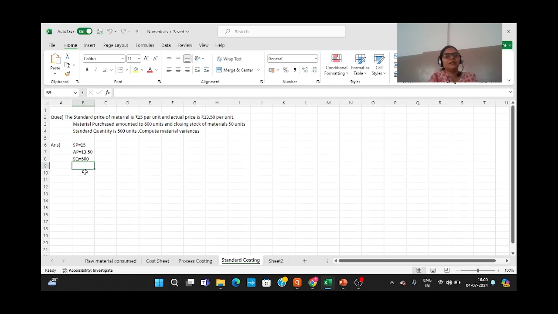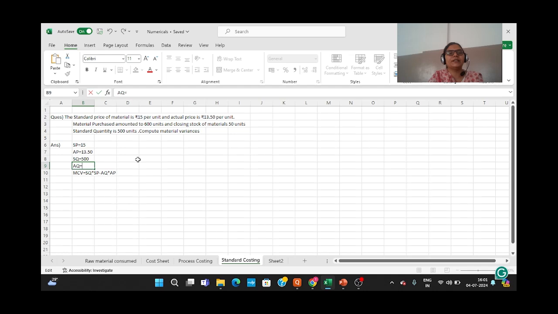Now we have to calculate the material cost variance. Material cost variance, we all know, is standard quantity into standard price minus actual quantity into actual price. Nothing has been specified regarding the actual quantity.